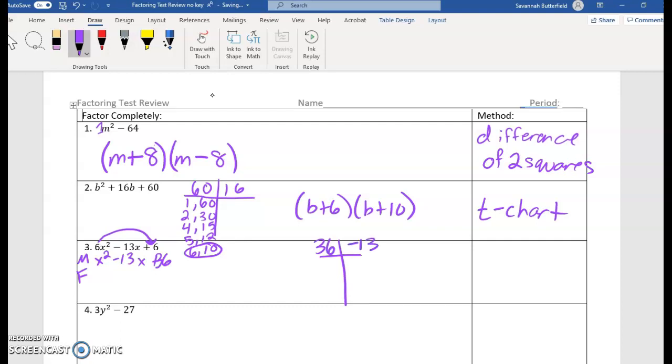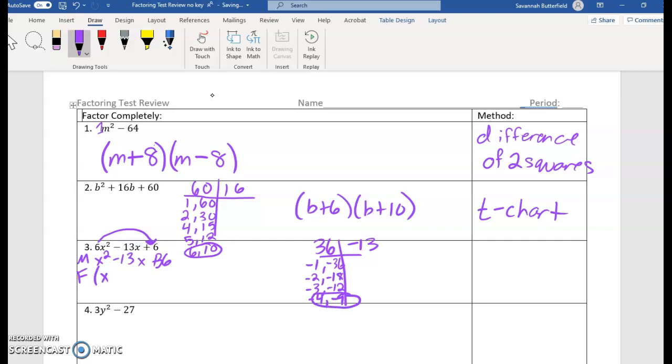Since this is a negative 13, we know all of our factors are going to be negative, because two negative numbers multiply together to be positive, but add together to be negative. So this will be negative 1, negative 36, negative 2 and negative 18, negative 3, negative 12, negative 4 and negative 9. The only one that works is negative 4 plus negative 9.